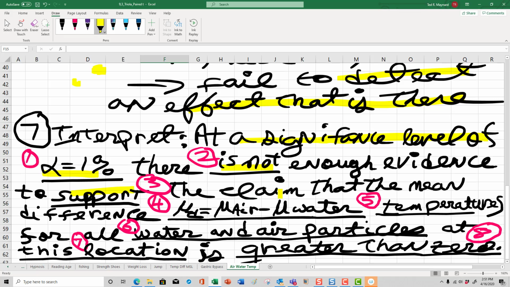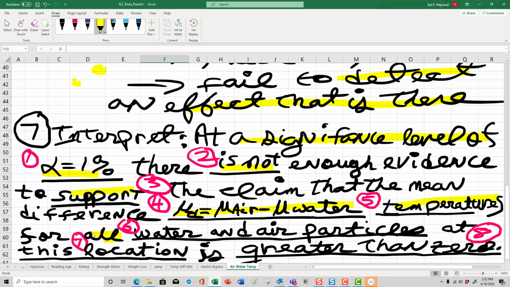The claim, now talk about the claim. That the, state what it is, mean difference, and then give the symbol, mu sub d. We state the subtraction order as well. Mean of the air temperatures minus the mean of the water temperatures. Now state what the measurement is. This is a continuous random variable. Temperature is continuous. 5 is temperatures. 4, the word is all.